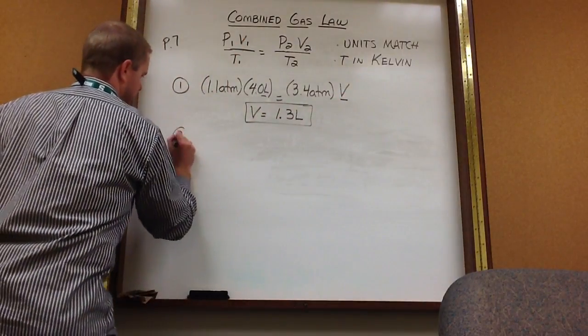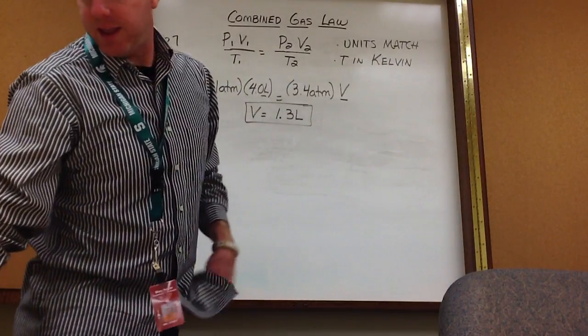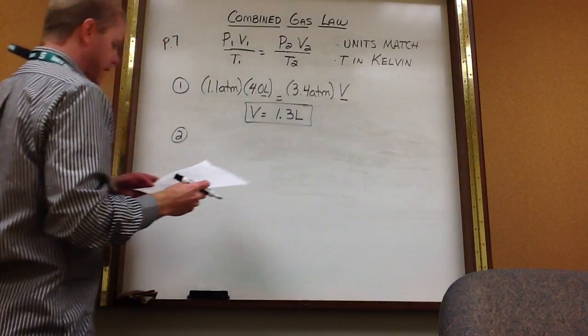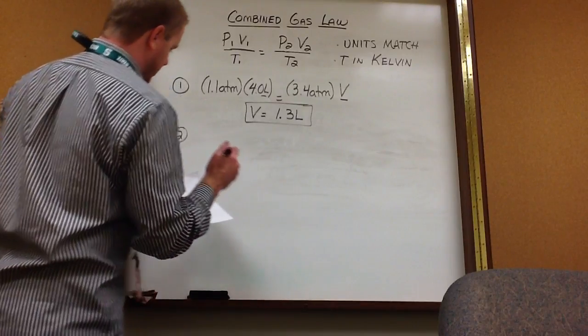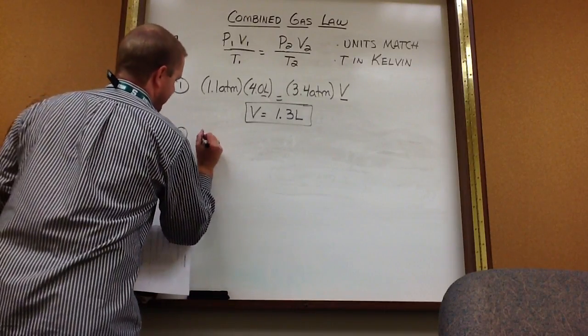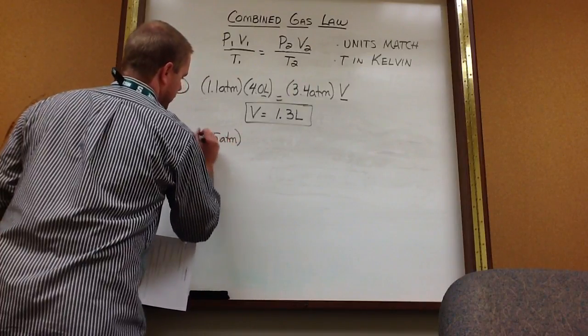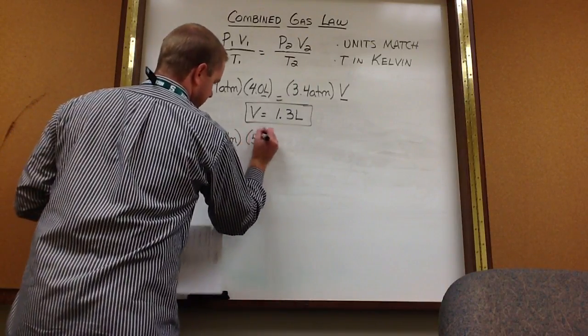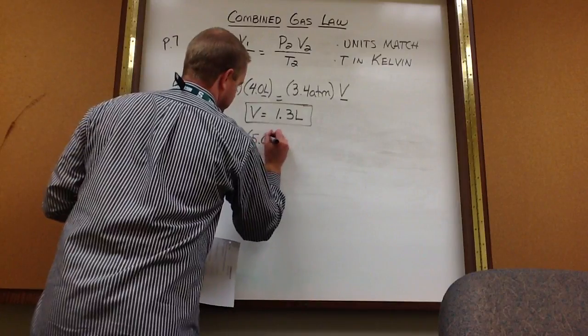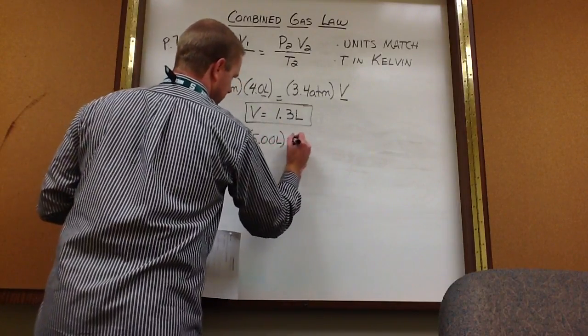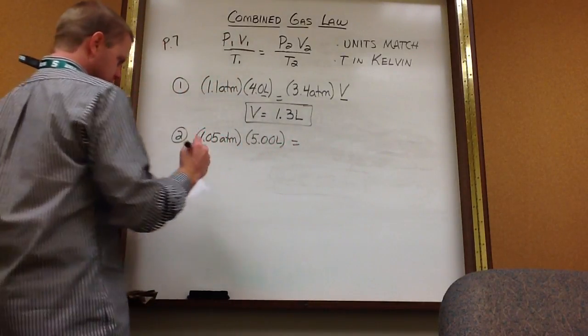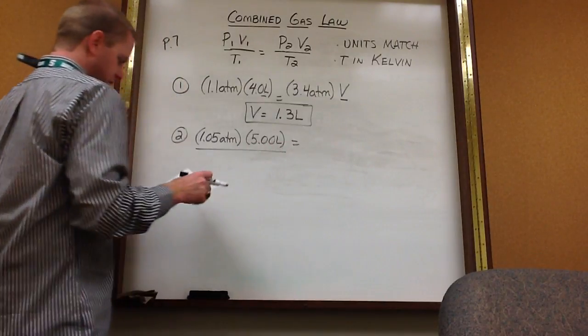How about number 2? Number 2 says, a toy balloon has an internal pressure of 1.05 atm and a volume of 5.00 liters, 3 sig figs, equals... let's see if there's a temperature.